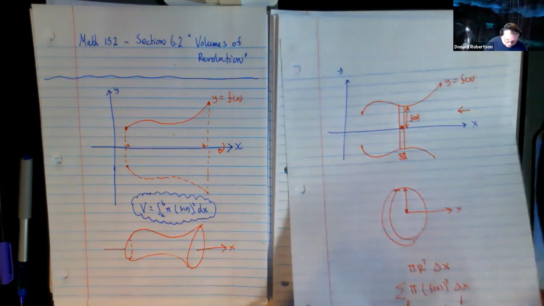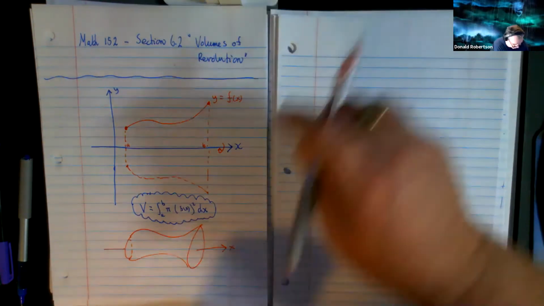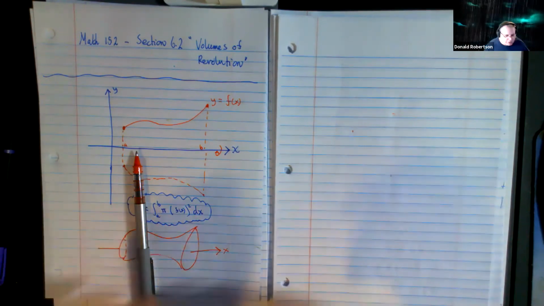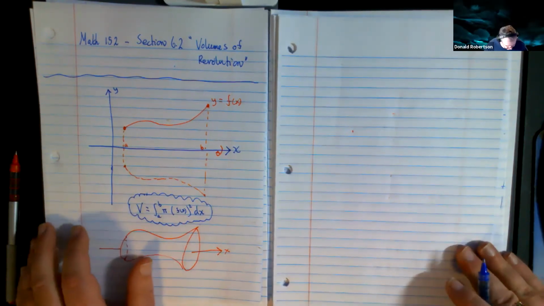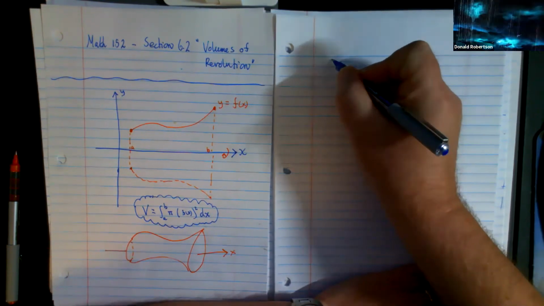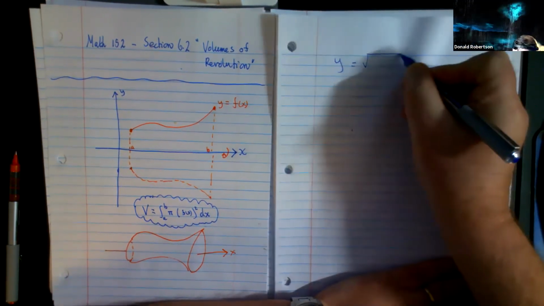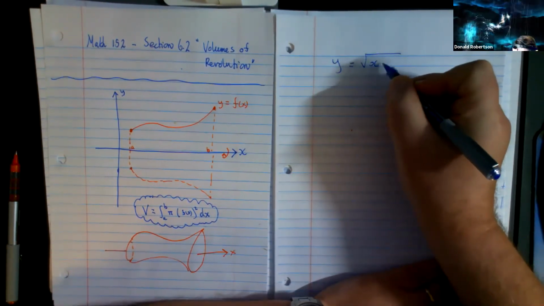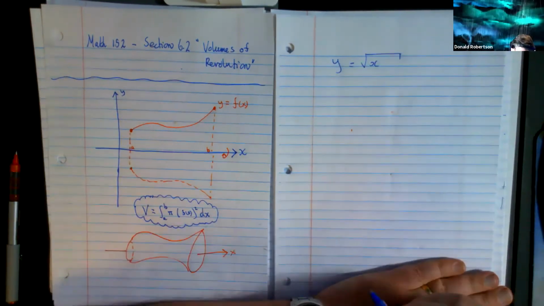So we are going to find some volumes now. I think there's only about 7 questions, so there's not an awful lot of these, so I don't want to use up too much of the good stuff. I'll just do the square root of x.